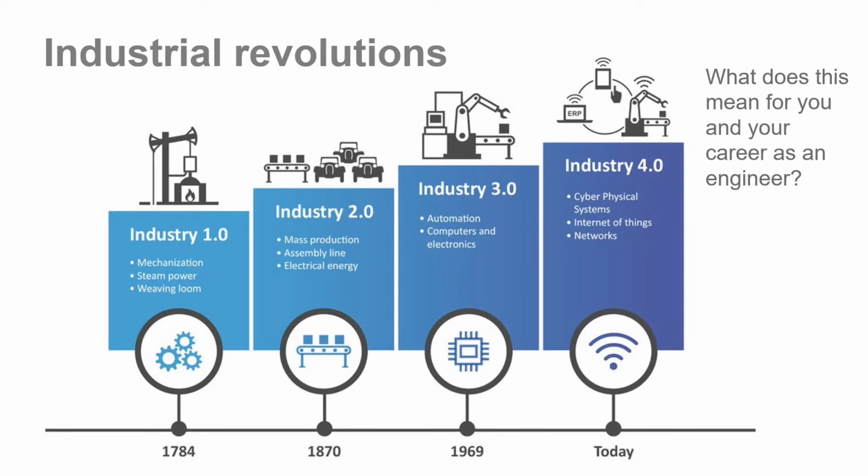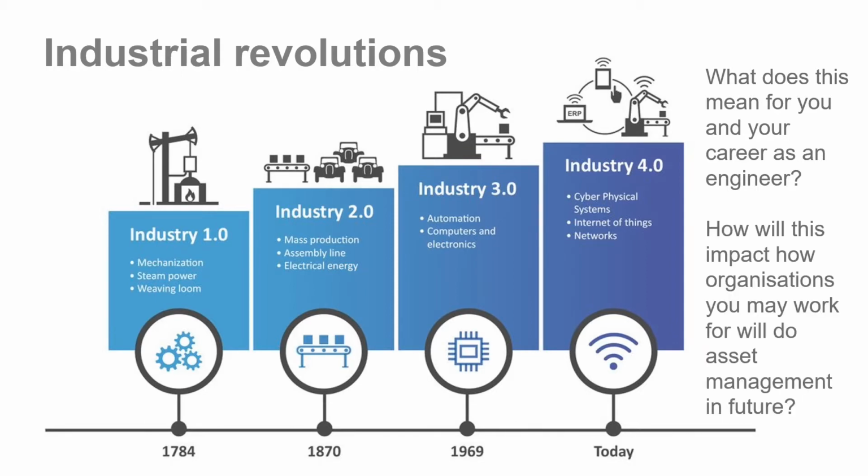How will this fourth industrial revolution be impacting organisations that you may work for that do asset management, and how will it impact how they'll do asset management in future? In this fourth industrial revolution, we hear lots of buzzwords all the time, like IoT, big data, advanced analytics, machine learning, cloud computing.